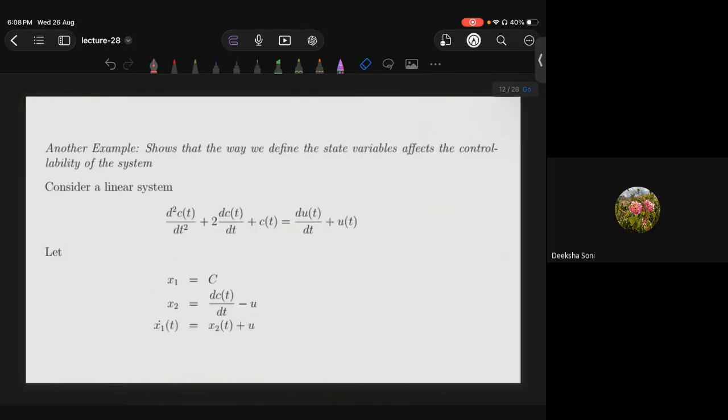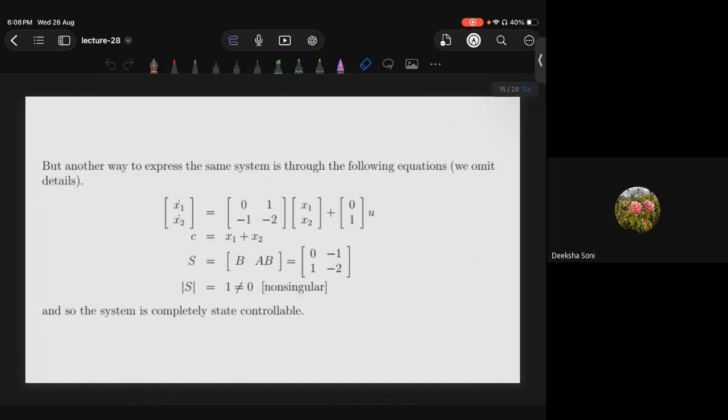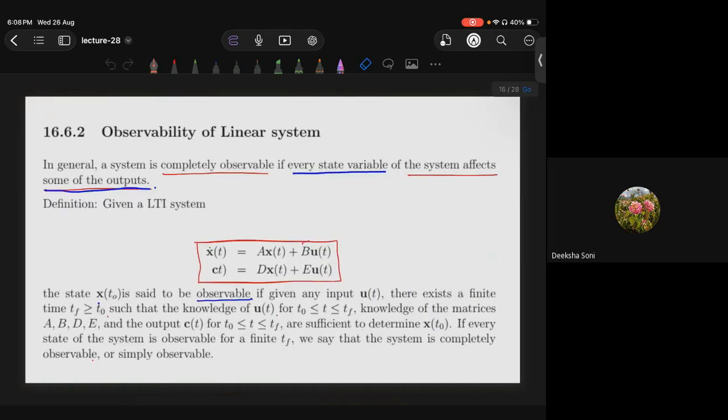Okay, clear. So this is how you will check the controllability. Next, observability. Here also it is the same thing. A system is observable, or completely observable, if every state variable of the system affects some of the outputs.